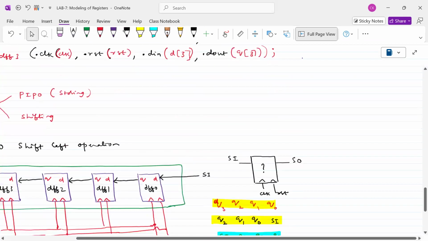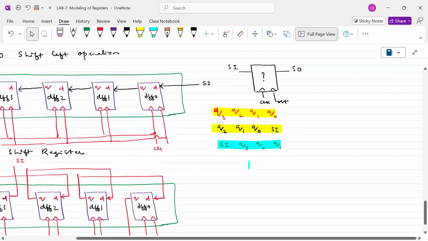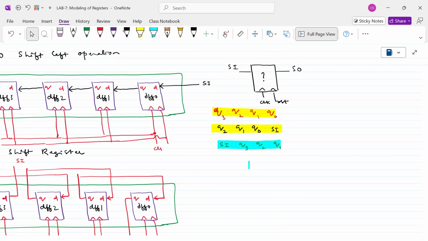But here, if it is a 4-bit serial in, serial out, how many clocks are required? For one clock signal, the first flip-flop will be transferred. And on the second clock, the second will be transferred. Third, fourth, like this. Okay, 4 clocks are required for this.